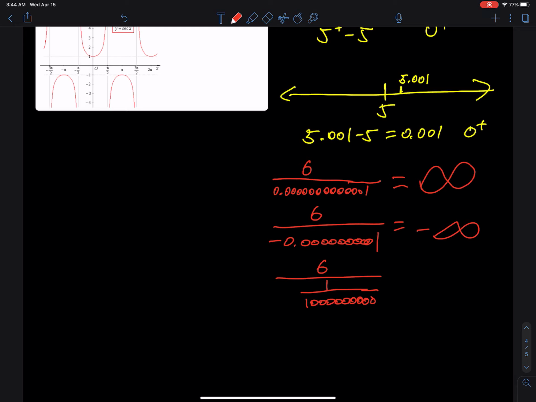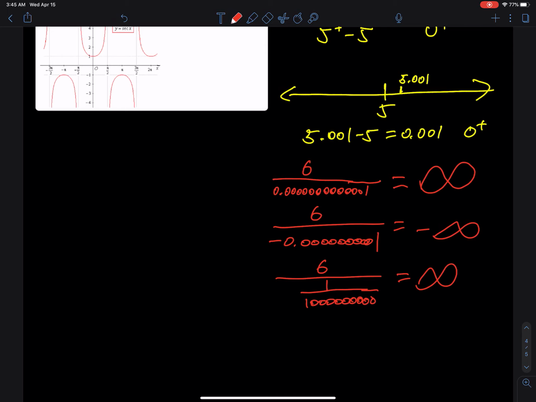What if you do the math? You take 6 divided by the fraction, which is 6 multiplied by the reciprocal, so you are taking 6 multiplied by that gigantic denominator, which equals positive infinity. This is something that you have to use a lot in limits.